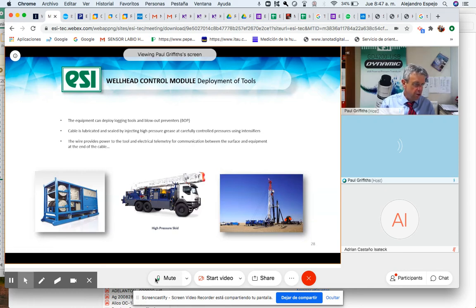So you can drive out to the oil well, lower the measurement tool into the well, and the grease is injected around the outside of the cable, so it makes a seal, but it also allows the cable to move. This is a customer in the UK that make these systems. Basically, they make this skid here.